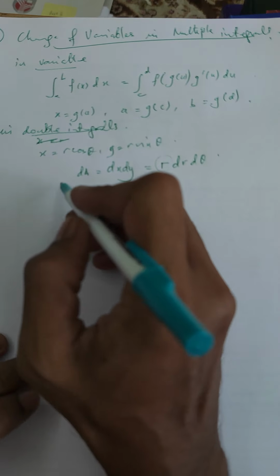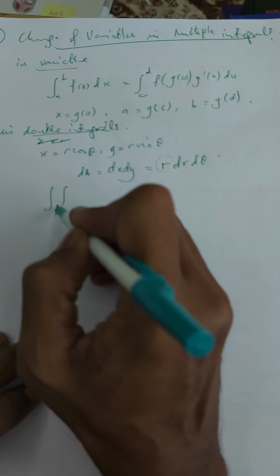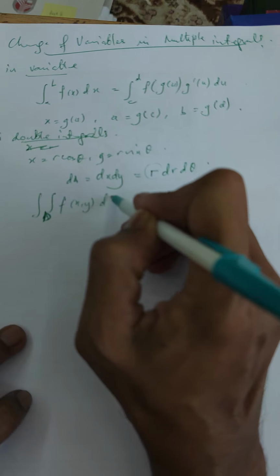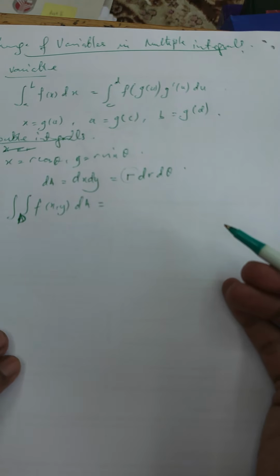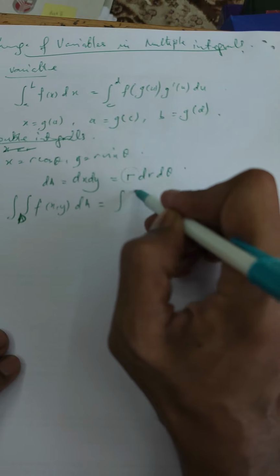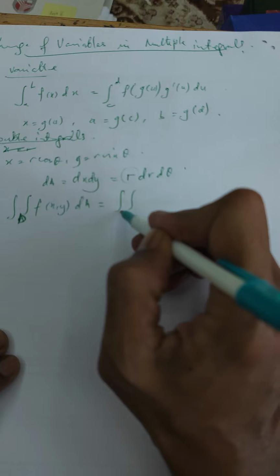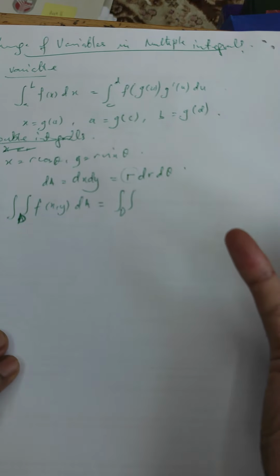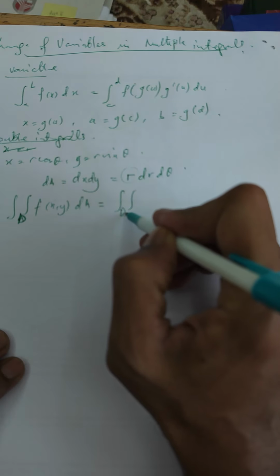So our integral over the region D, say f(x,y) dA, we transform into polar coordinates, with a region D in the polar coordinate system, let's say in r and theta.